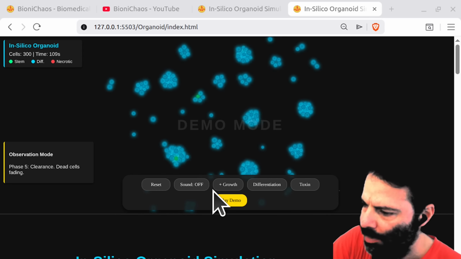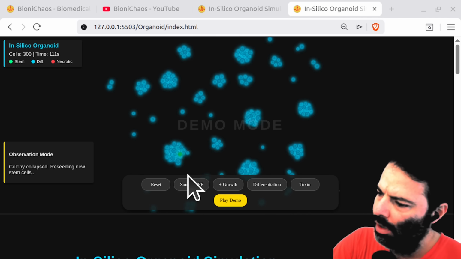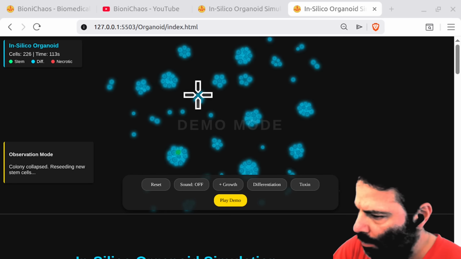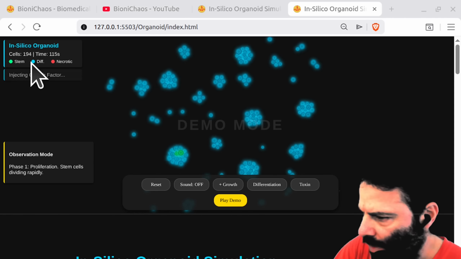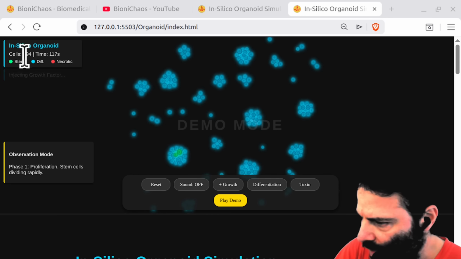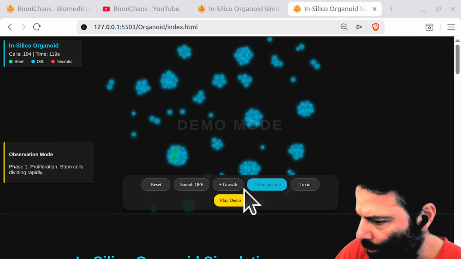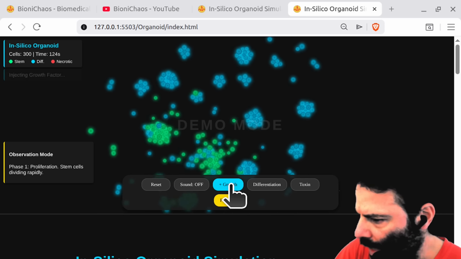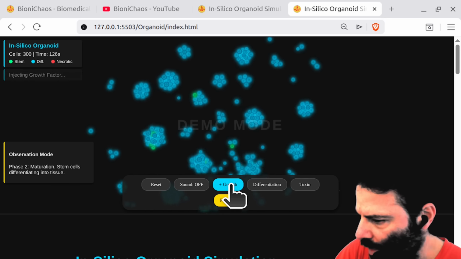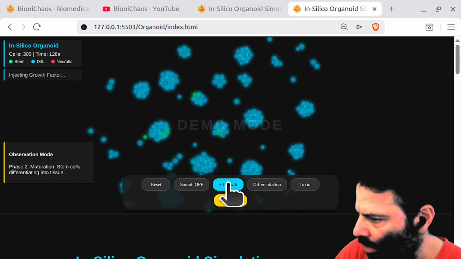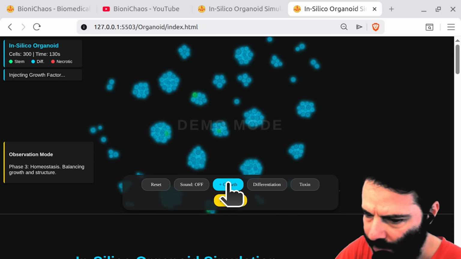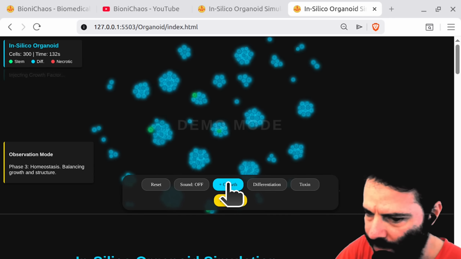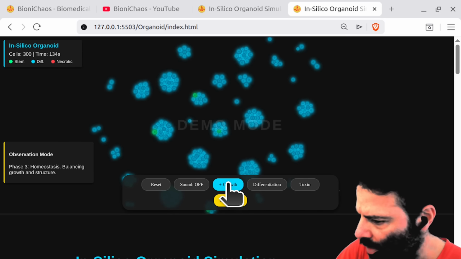So to reproduce the problem, for example now we have 194 cells, and when we plus growth, the injection works up to the limit that we set, up to 300, so that's working fine.